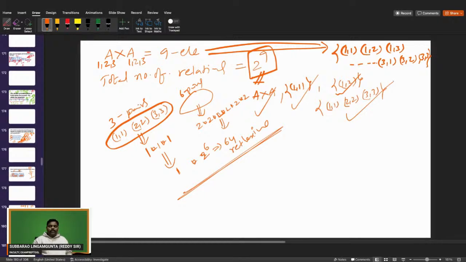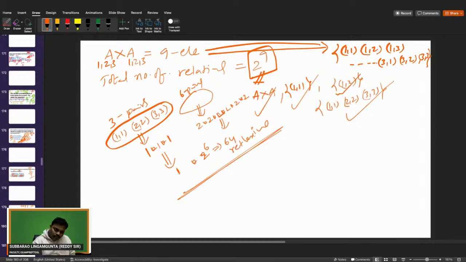In the total 9 pairs, XX pairs should be there because of reflexive, and for the other pairs you may take or not take, 2 choices. So out of 2 power 9 relations, 64 are reflexive.